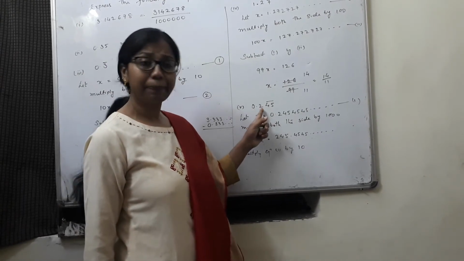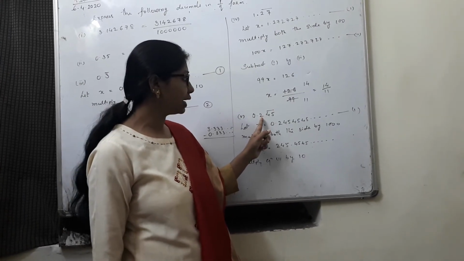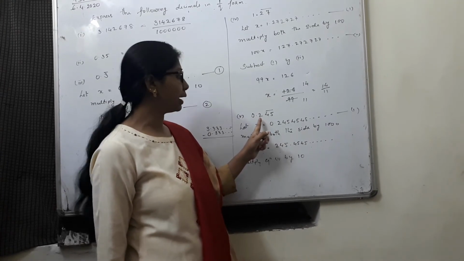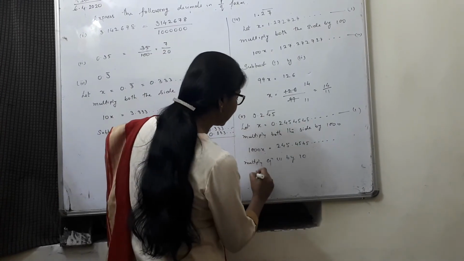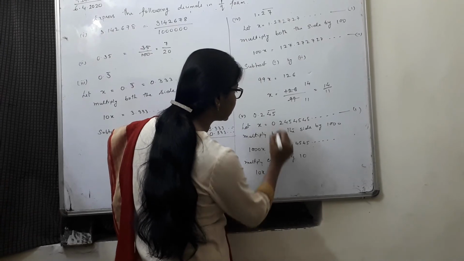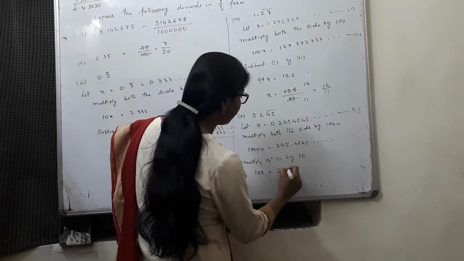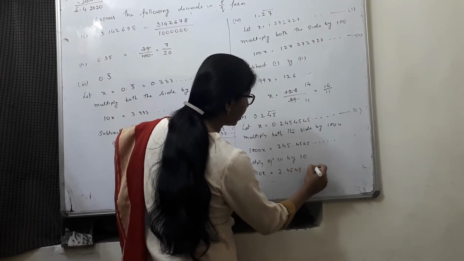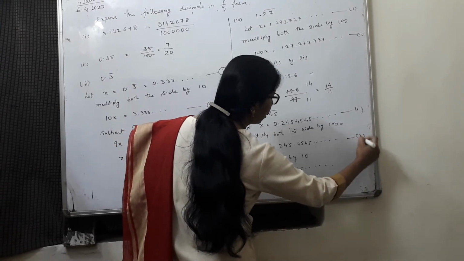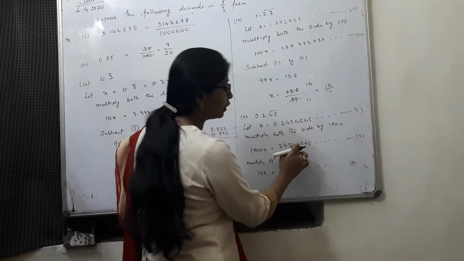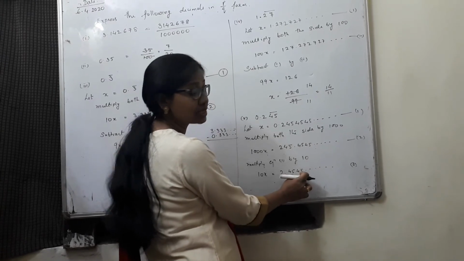How many non-repeating digits? 1. Only one digit does not have the bar. So we'll multiply by 10. So 10x equals 2.4545. Now you can see in equation number 2 and 3 that after the decimal point the digits are the same.